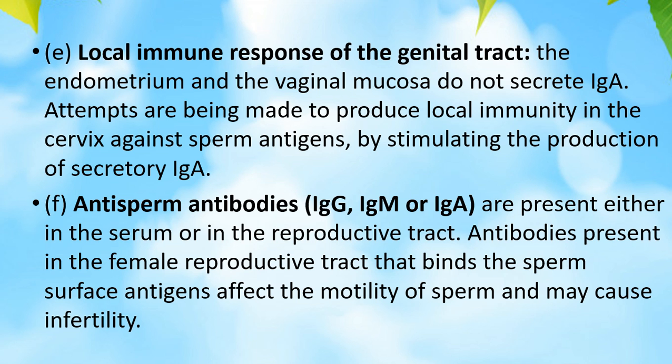If these antibodies are present in the woman's reproductive tract, they bind the surface antigen of the sperm and affect the motility of the sperm.